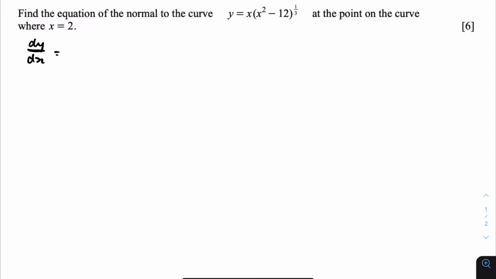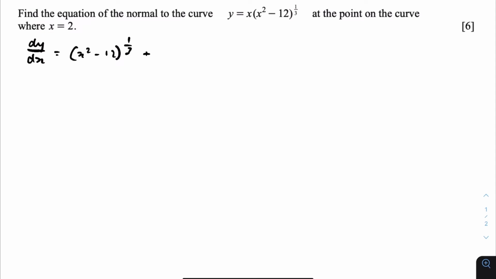Is equal to, so we can use product rule because there are two values of x that are being multiplied by each other. So let's first differentiate this and leave the other part untouched. That would just become (x squared minus 12) to the power of a third. And then we add that to the differential of this part multiplied by just x.